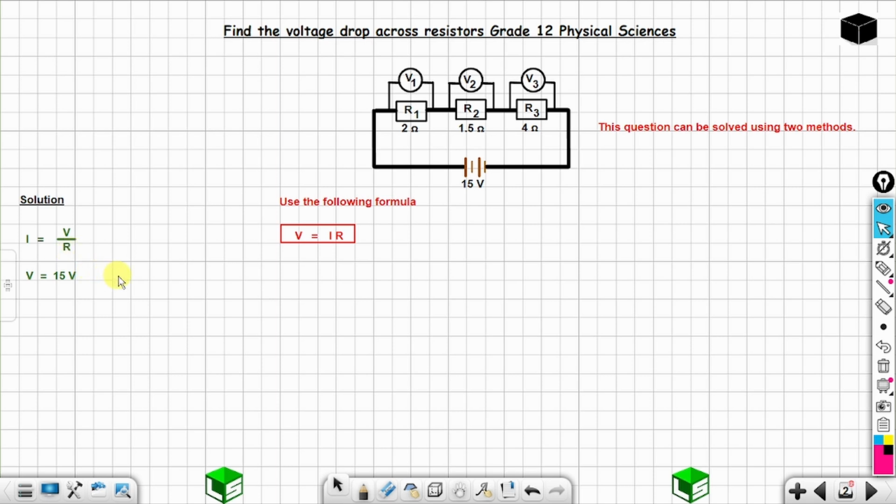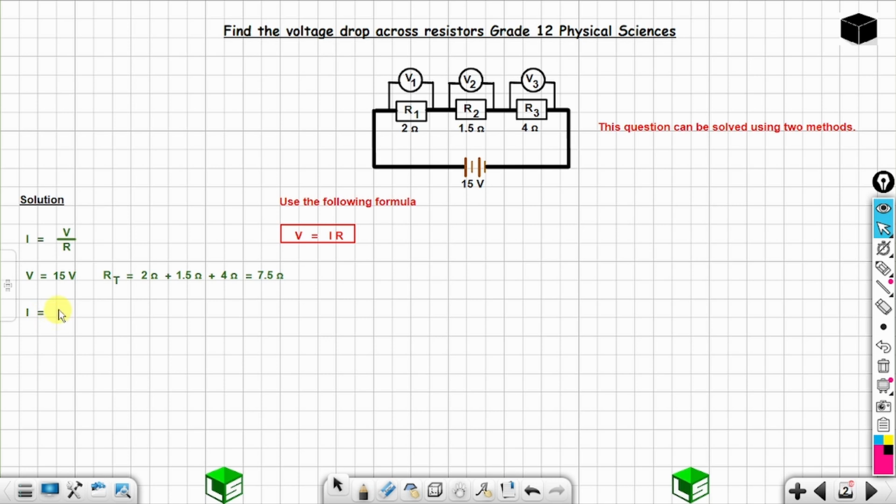The total resistance is equal to 2 plus 1.5 plus 4. This is equal to 2 plus 4, 6, plus 1.5. You have 7.5 ohms. Now you have V and R. Now you can calculate the current.